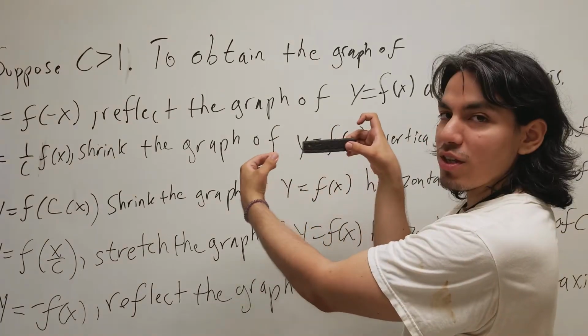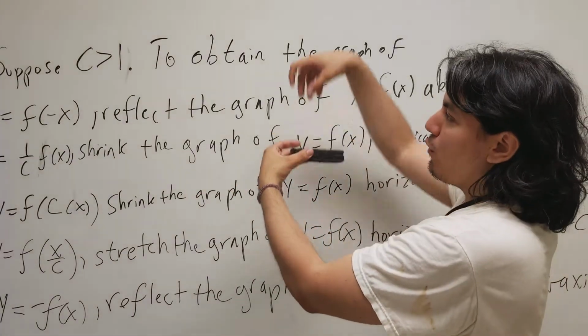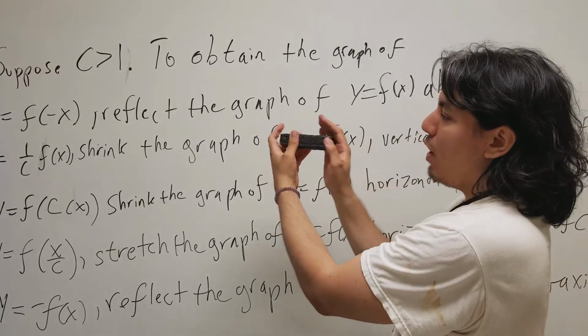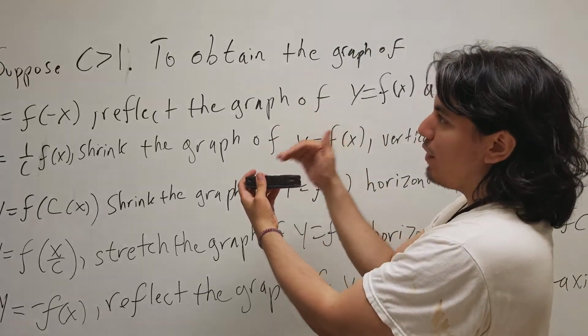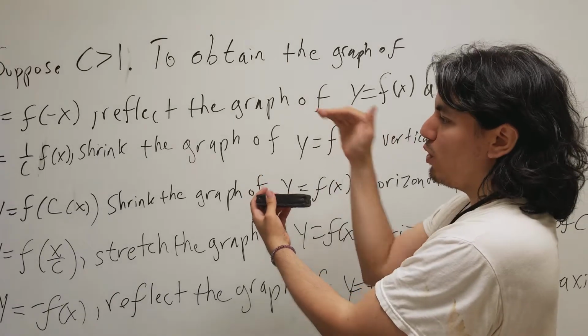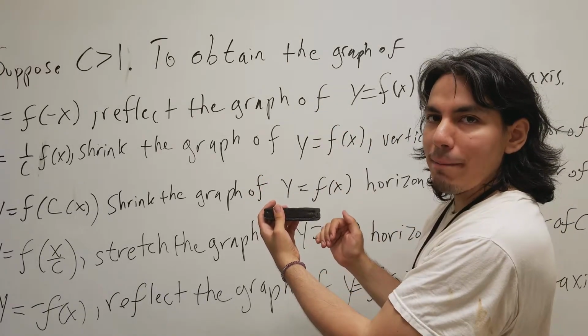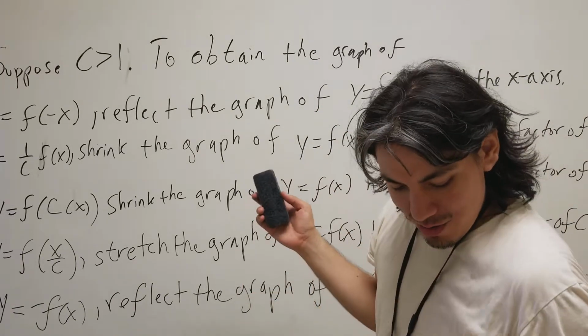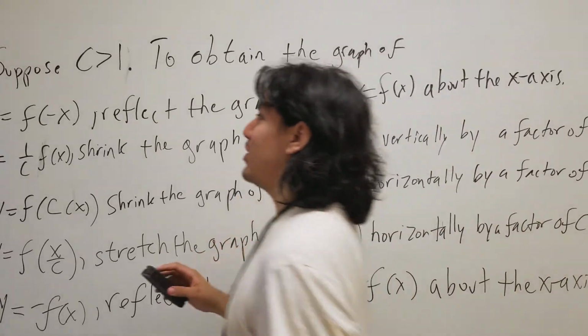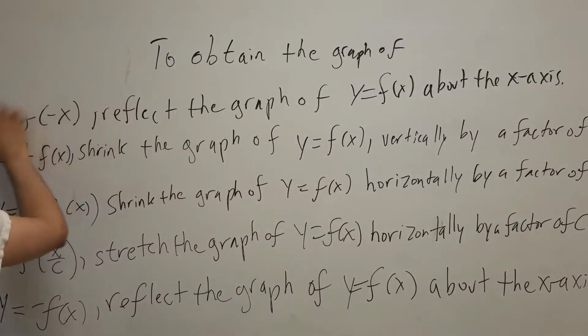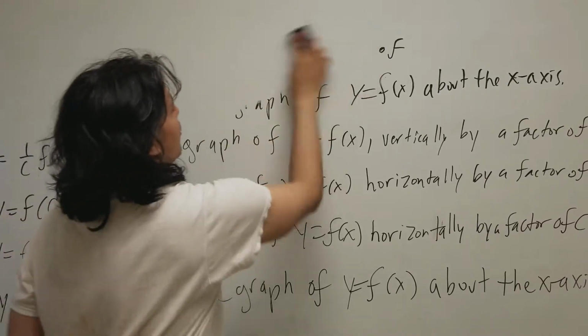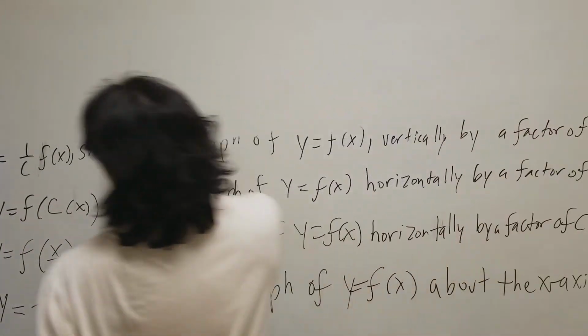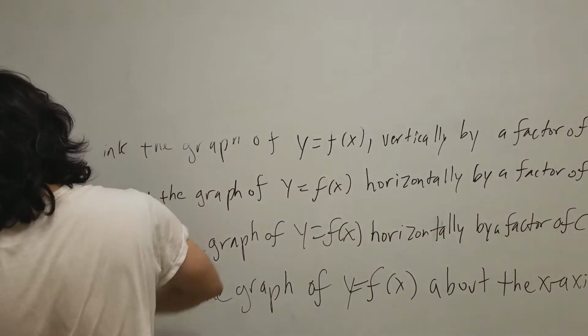You could stretch it horizontally or vertically depending on the function, and the value of c will determine one of these 6 cases. Now let's give some visuals, because all this is gibberish if you don't know how the function looks.